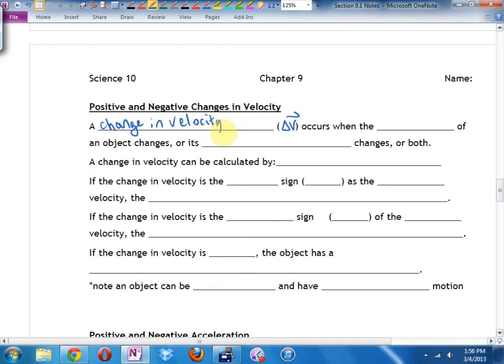Occurs when the speed of an object changes or its direction changes. Because remember, acceleration is a vector, and all vectors have both magnitude and direction. So since acceleration is change in velocity over time, you can change your velocity two ways. Velocity is a vector. You can change the magnitude, that's the speed, or the direction.